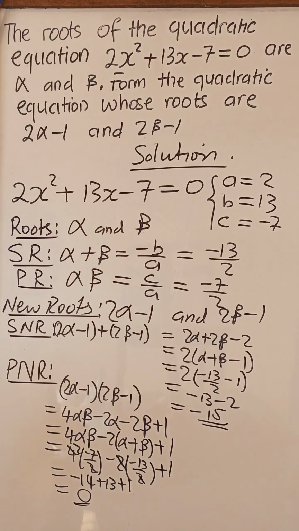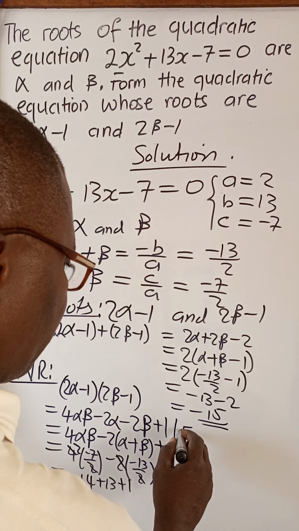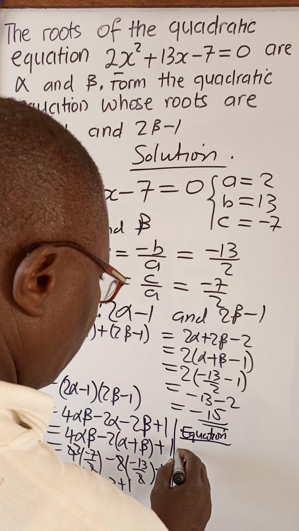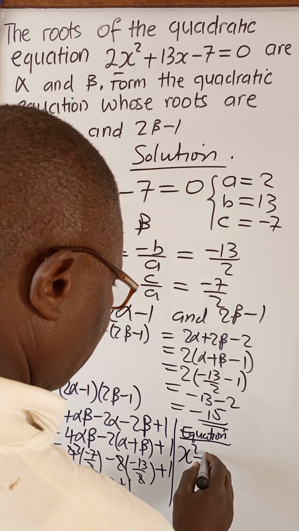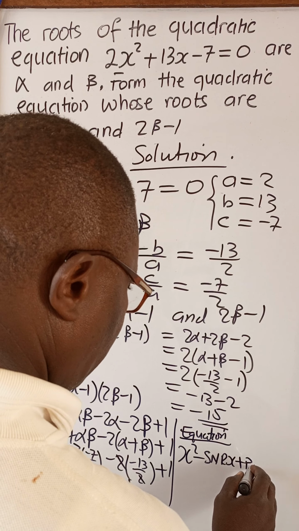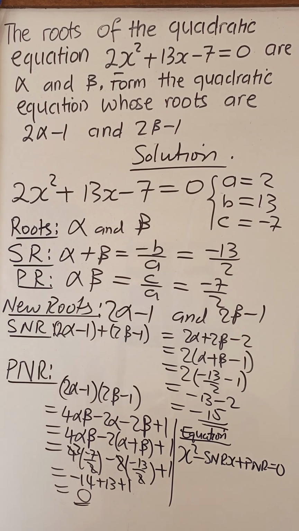Alright? So from here, we know the nature of equation. Our equation has the nature x squared minus sum of new roots times x plus product of new roots equals 0. That's the nature of our equation.